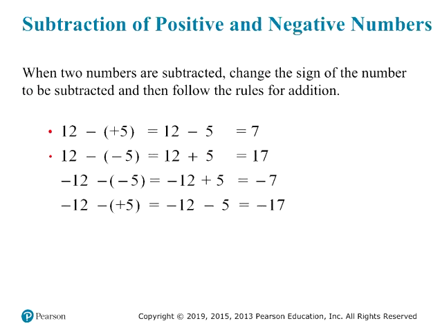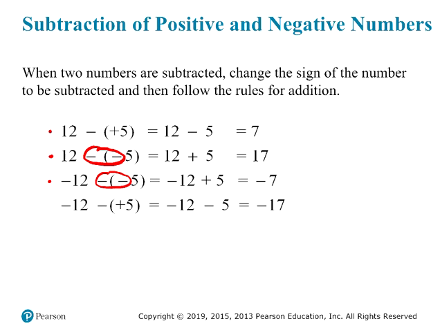And then if we have 12 minus negative 5, two negatives will actually make a positive. So we're really just adding those numbers together. Now if we have negative 12 minus negative 5, remember we're going to combine those two negatives to make a positive.